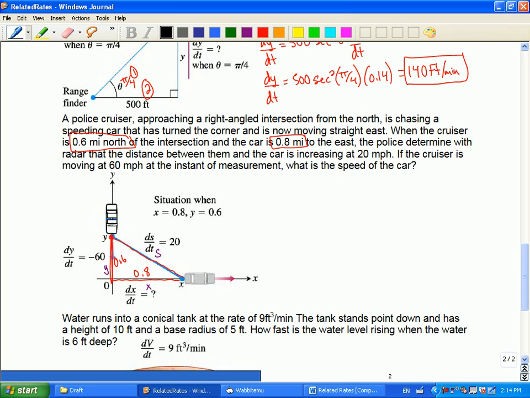What's the relationship? Yeah, it's Pythagoras. x squared plus y squared is, in our problem, s squared. So if I take the derivative implicitly, 2x dx dt plus 2y dy dt is 2s ds dt.